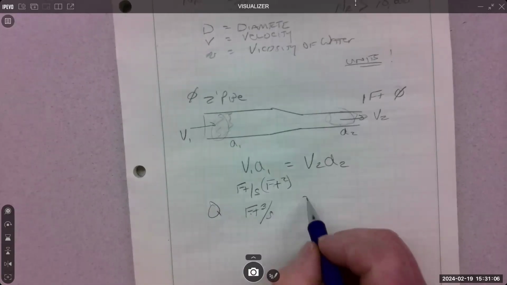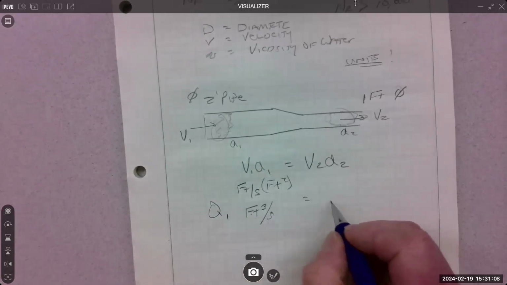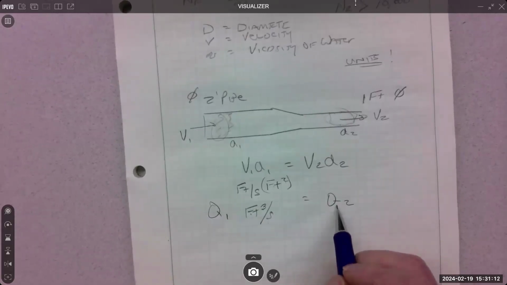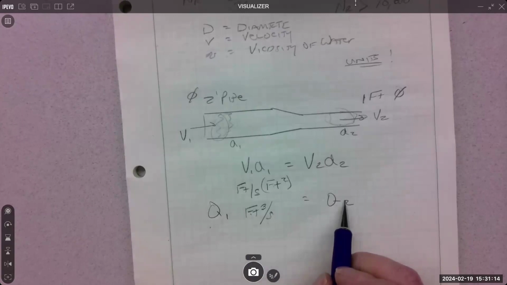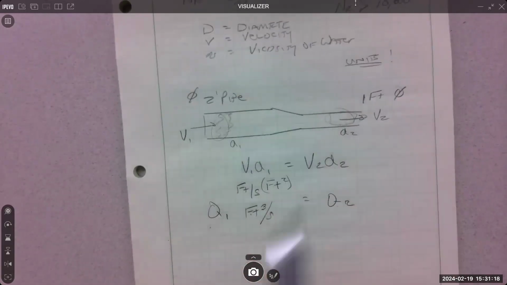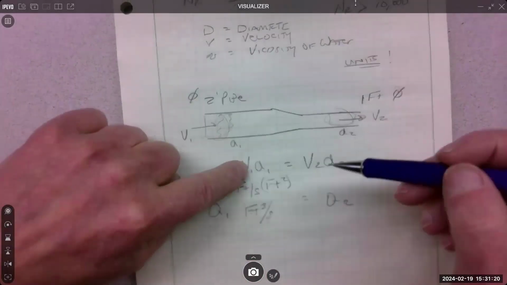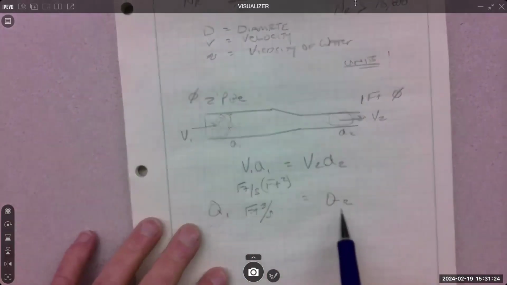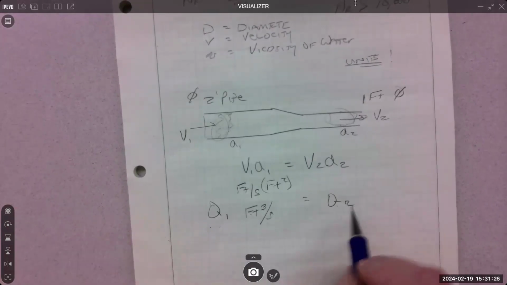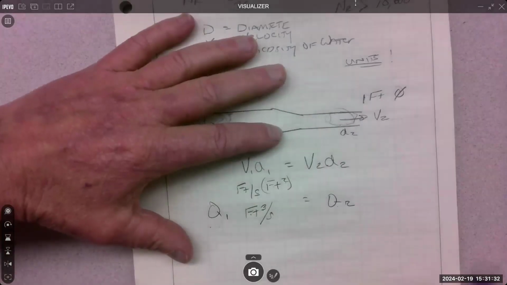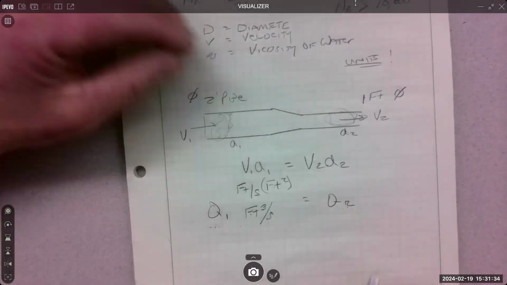Well, we could do the same thing over here and we get Q2, because the flow rate is going to have to change in order for the conservation of mass to be equal, for this to be equal to this. So Q1 is not going to equal a different flow rate; that flow rate's going to have to be absolutely the same.